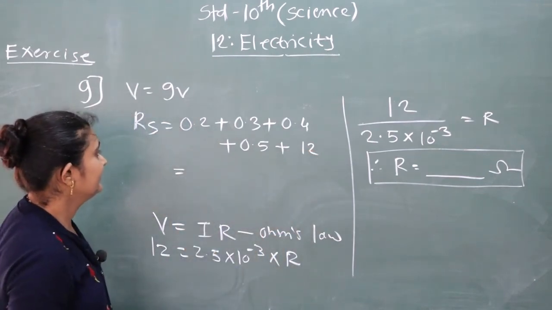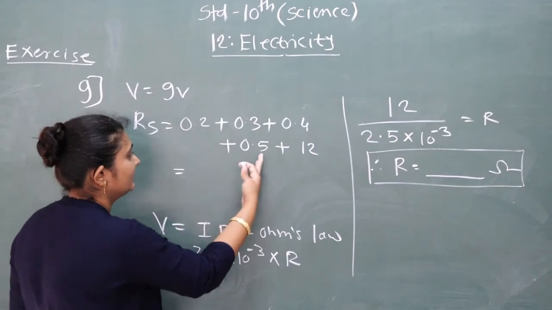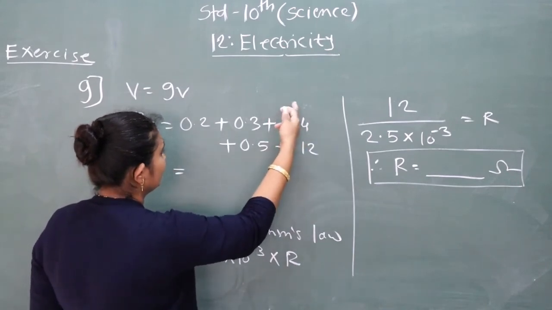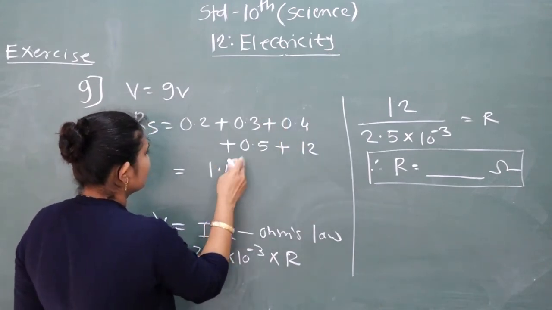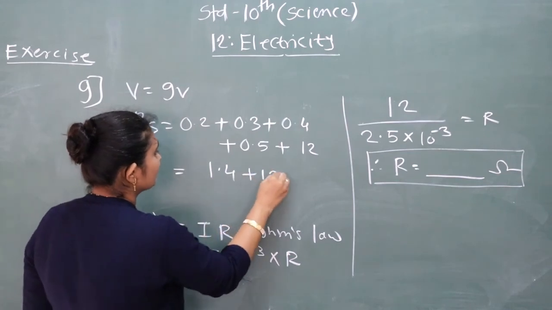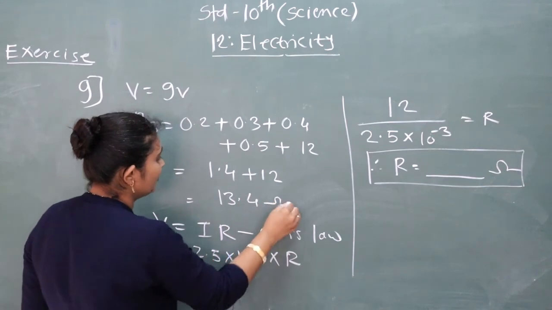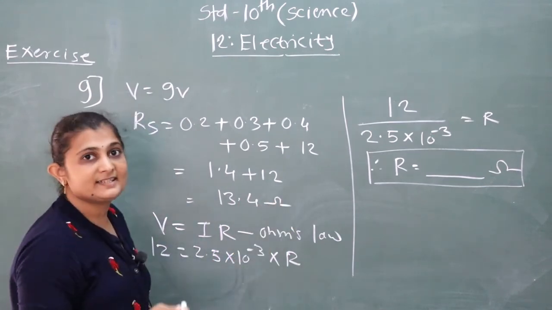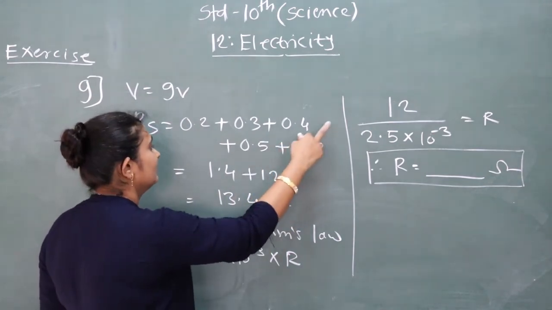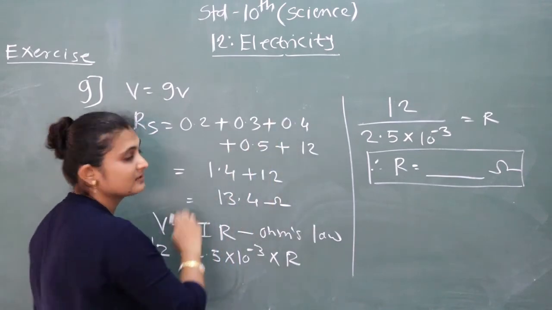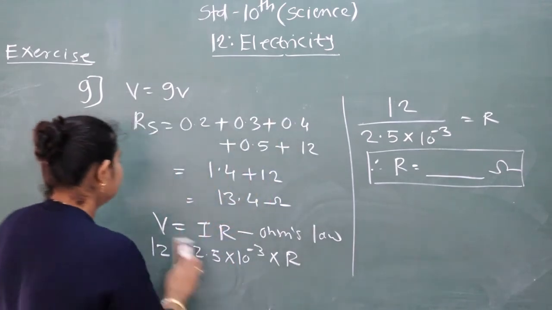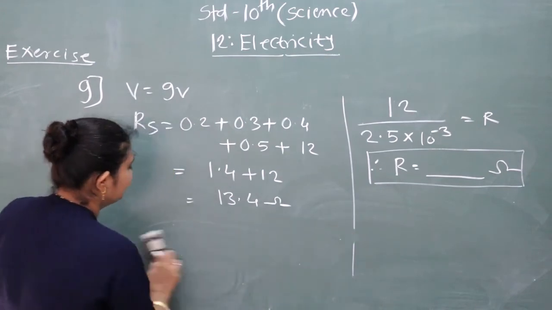Then calculate this one. This 1.4 plus 12. I think this one is 13.4 ohm. Again I check one time. Yes, correct. 13.4 ohm.